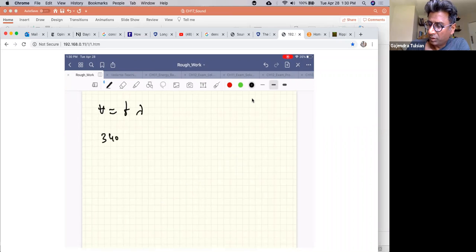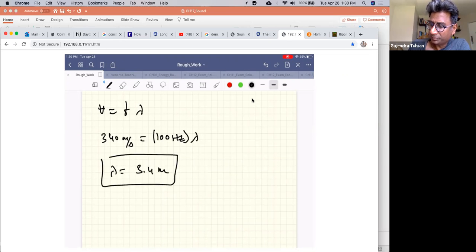Speed of sound is about 340 meters per second, and at a frequency of 100 hertz, the wavelength would be about 3.4 meters. And that's a large wavelength. And it turns out that you cannot localize a sound to a location smaller than the wavelength. So this is roughly the size of localization.